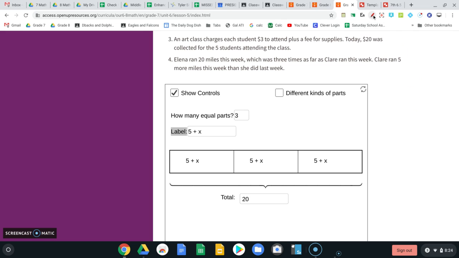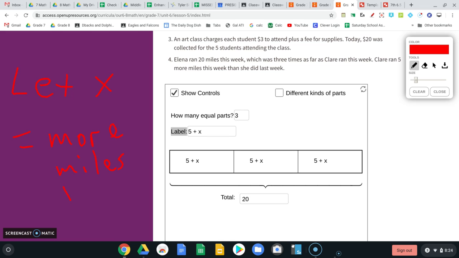Okay, and we should put this in here as well. Let X equal more miles this week.